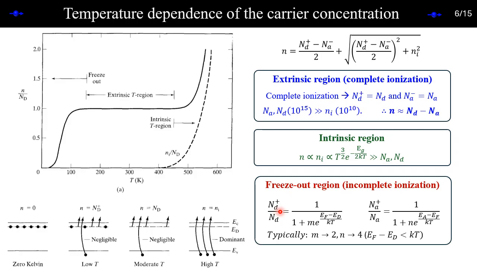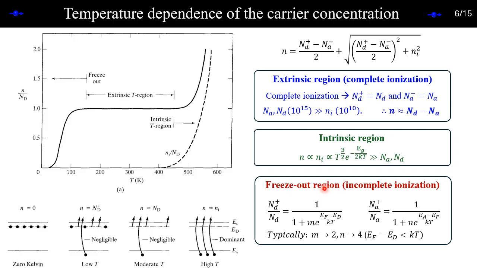But how will you do it? What is the value of EF you will consider? ED is fine, the dopant energy state can be given. But how do you find EF for that case? You have to do it self-consistently. Self-consistently meaning you assume some value of EF, say close to ED.